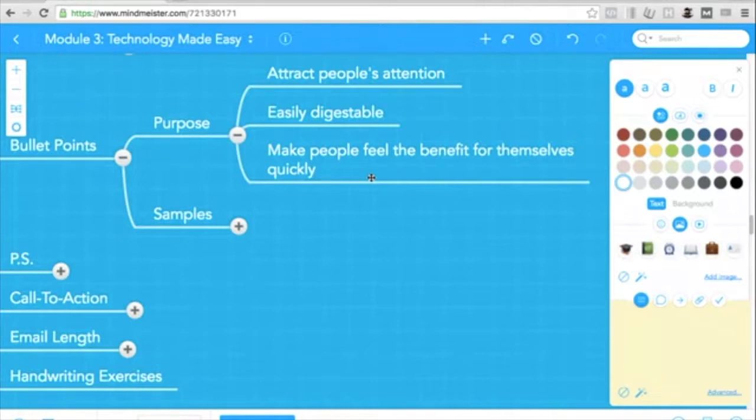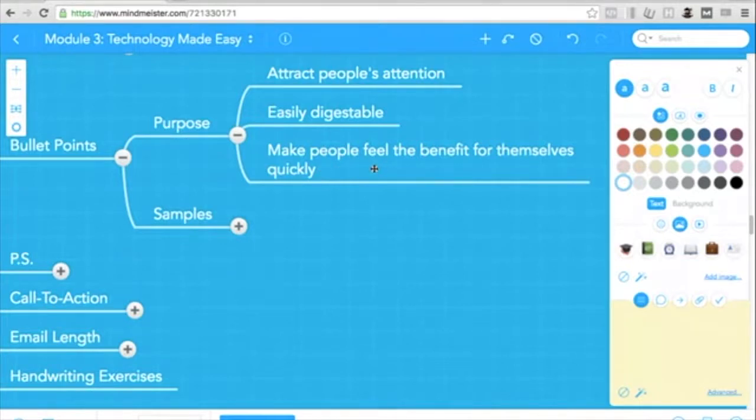Actually, we don't want really to write big blocks of lines, so we want shorter sentences, shorter paragraphs. But once in a while, when you see bullet points, parang minsan ma-attract yung mata mo doon eh. Parang gusto ko nga makita to because one, it's easily digestible. One line lang normally ang bullets eh. It makes people feel the benefit themselves quickly.